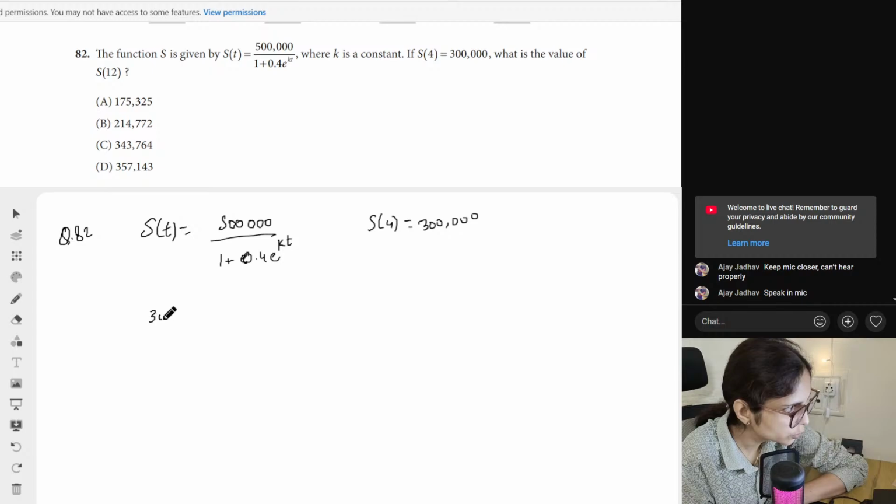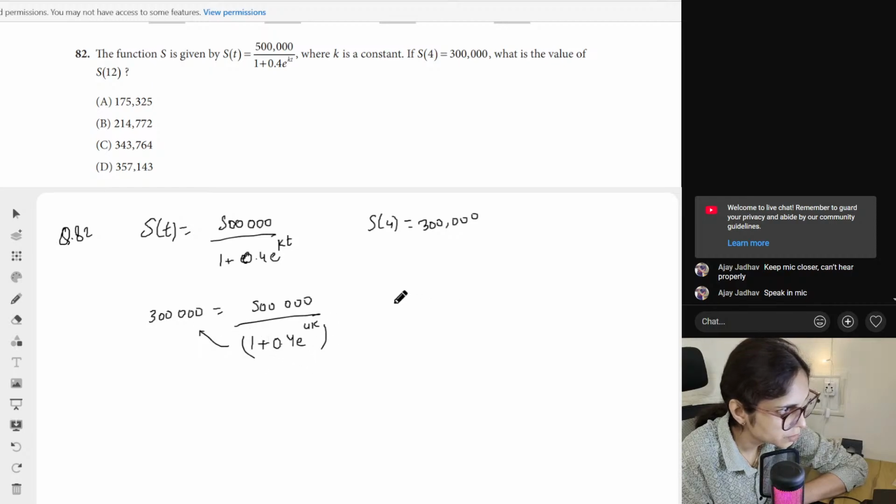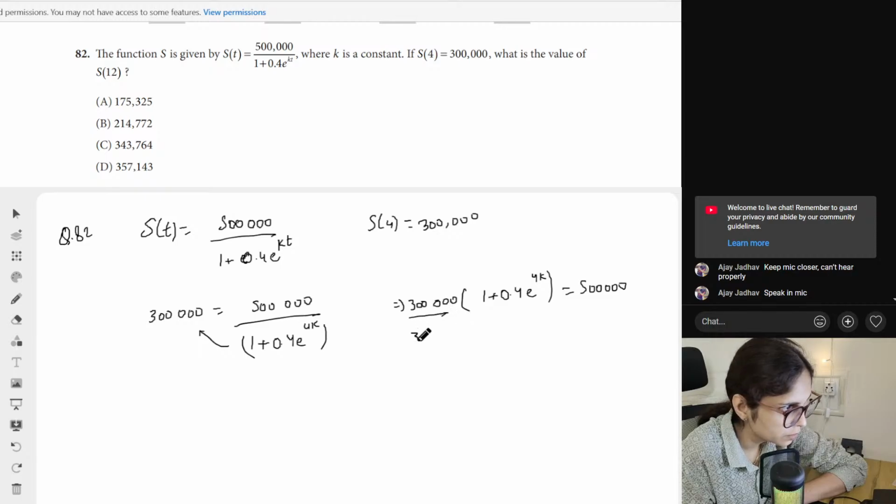So you will put 300,000 is equal to 500,000 over 1 plus 0.4 e to the power 4k. Cross multiply, like multiply this entire thing over there. So this would become 300,000 times (1 plus 0.4 e to the power 4k) is equal to 500,000, divided by 300,000 on both sides.